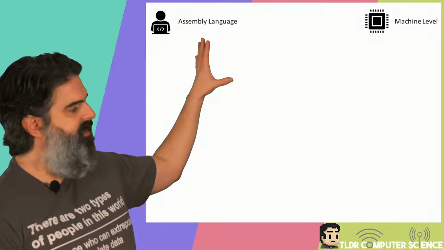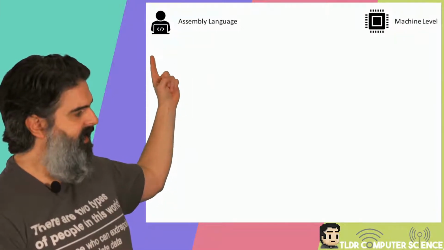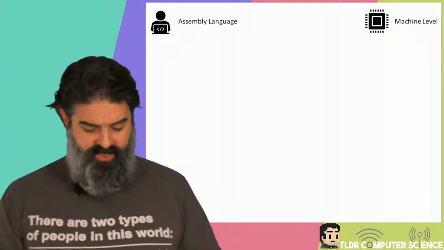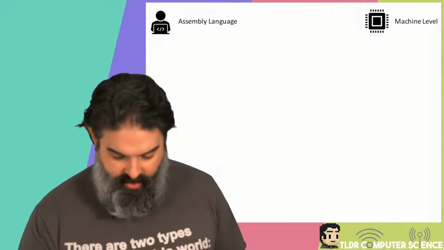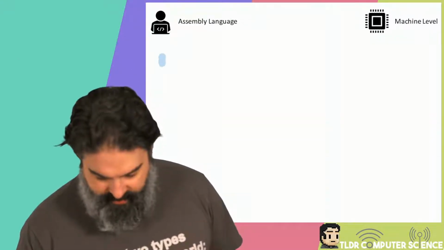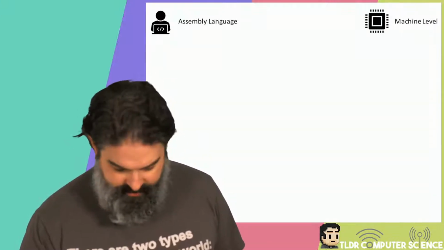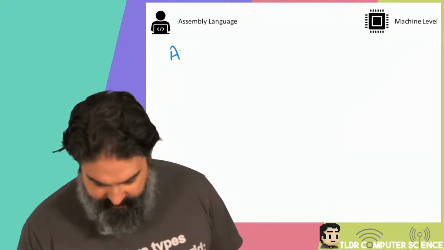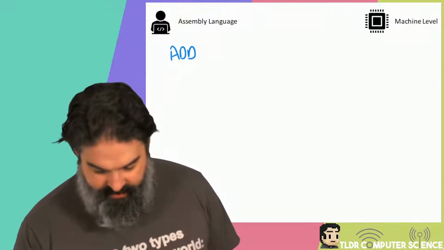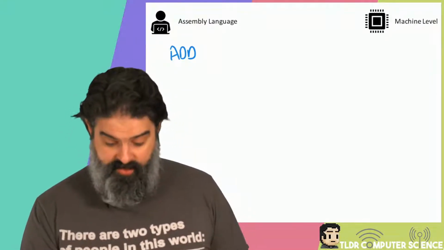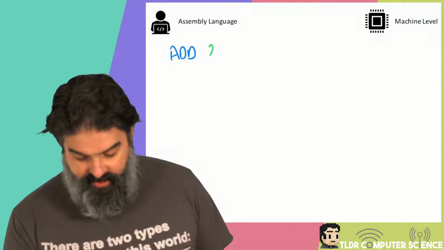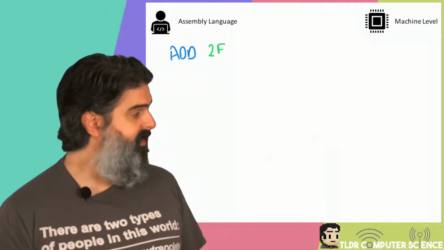So on one side, we have assembly language. And you can see here, that is a human being who's going to be coding it in. So what could it look like? It could look like add, and then maybe a physical address in memory. So add 2F, so that could be an address in memory.